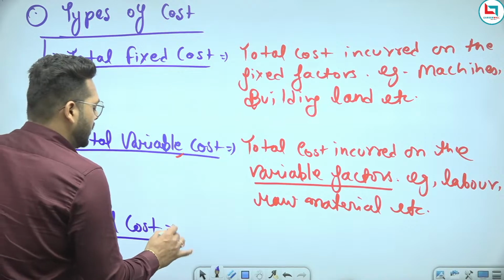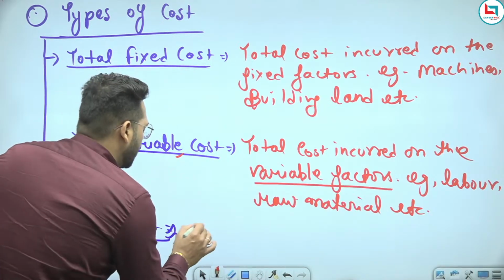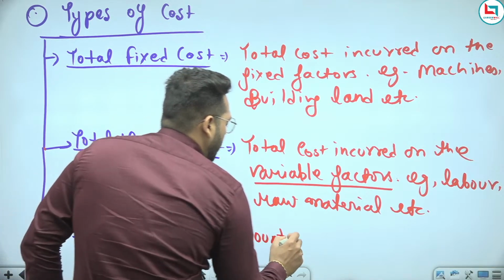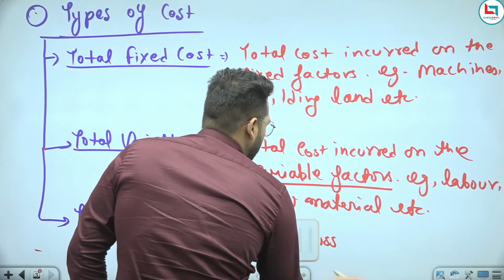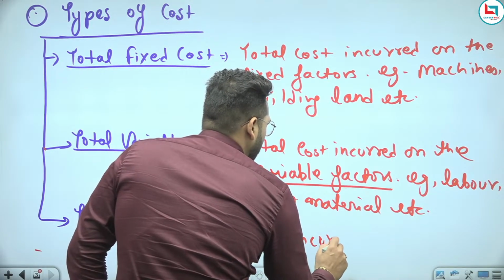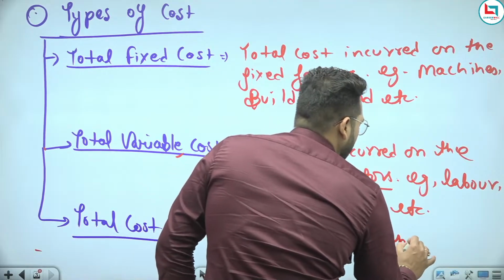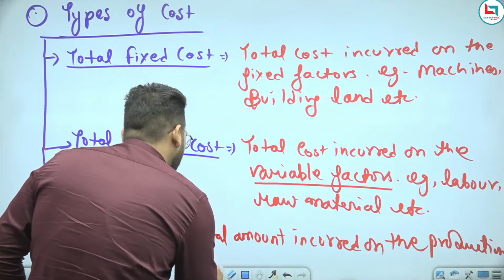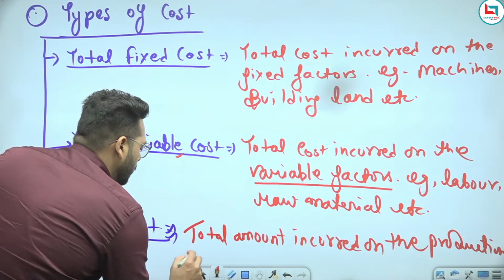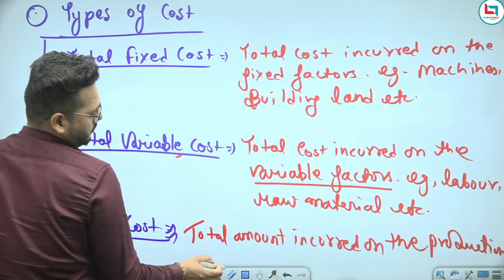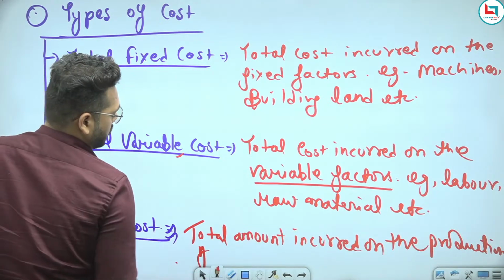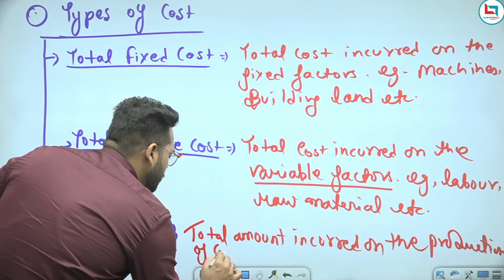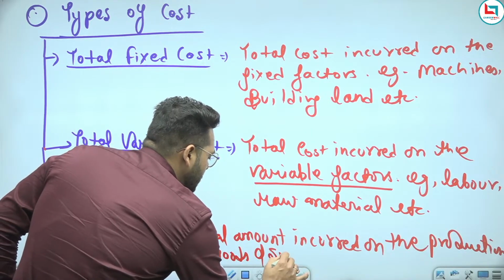So here you can write one thing, that total amount incurred on the production of goods and services.